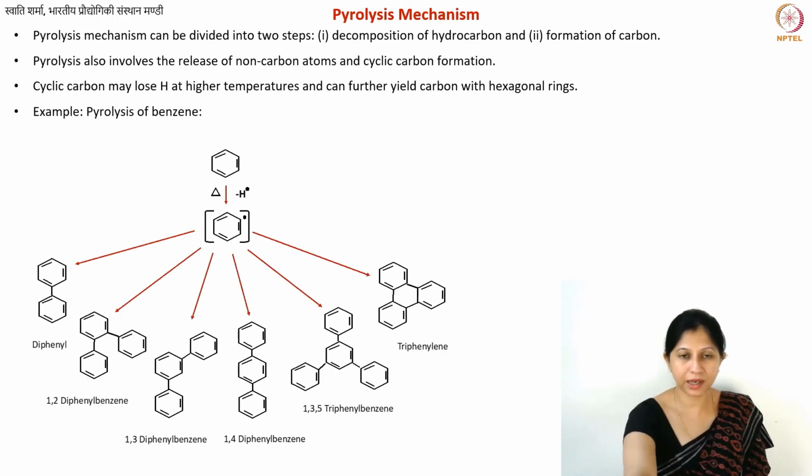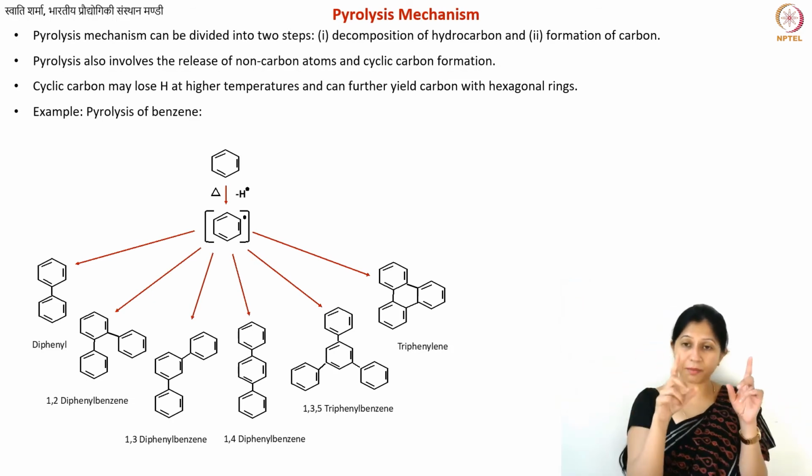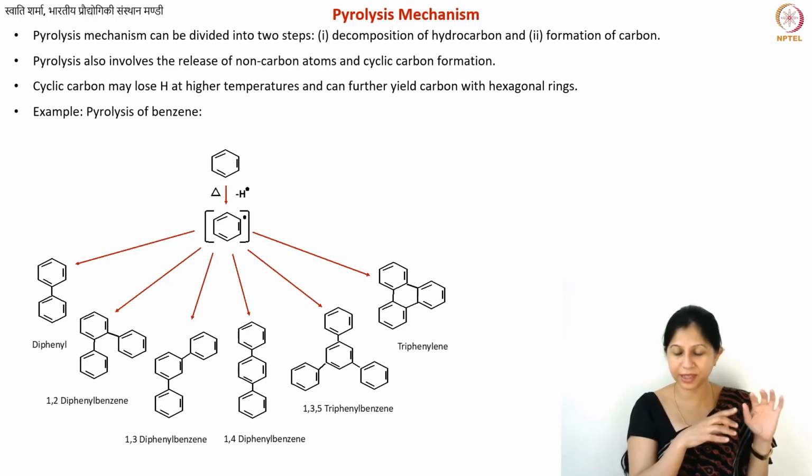Okay, so where is the picture? Yes. So here you see, in the beginning you have this one benzene molecule which loses one hydrogen at higher temperatures. And from this enthalpy diagram you will now understand at which temperature benzene will decompose.